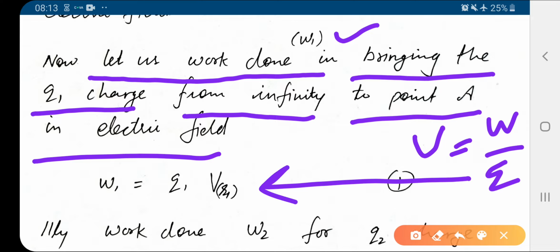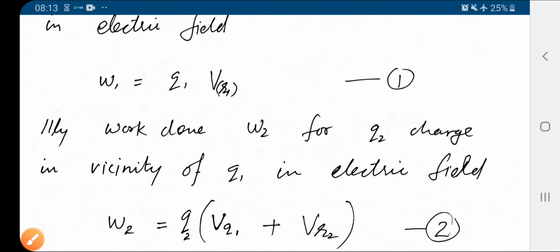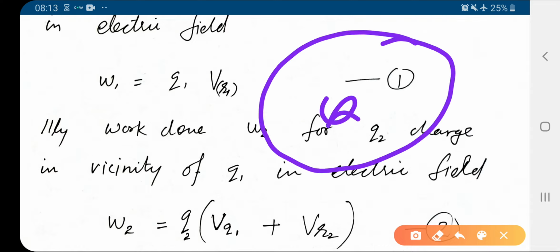Now due to the presence of electric field, here is a potential. As you know very well that if there is a charge, then around that charge there is an electric field, and if there is electric field there must be potential at these points.